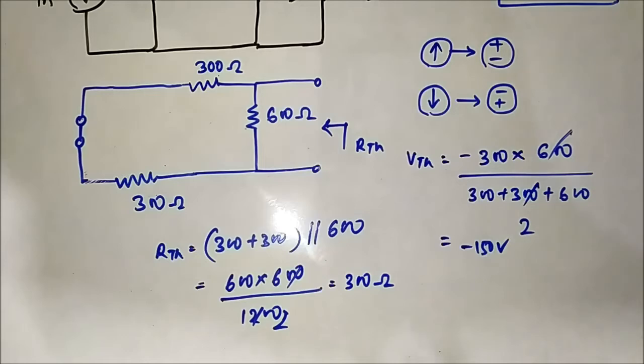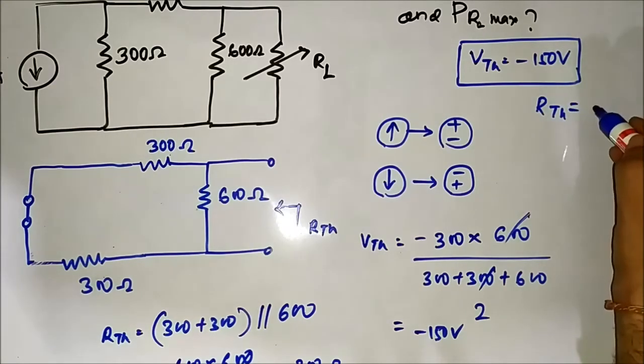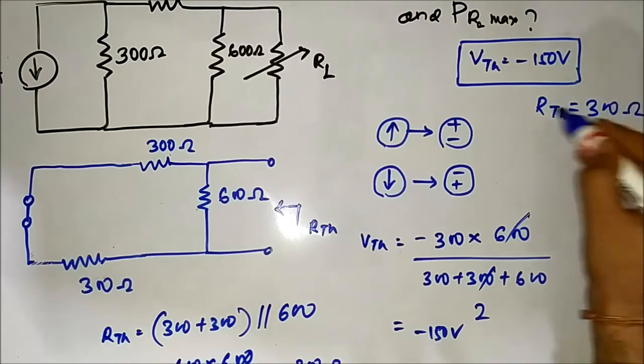RTH is equal to 300 ohm. VTH is equal to minus 150 volt, RTH is equal to 300 ohm.